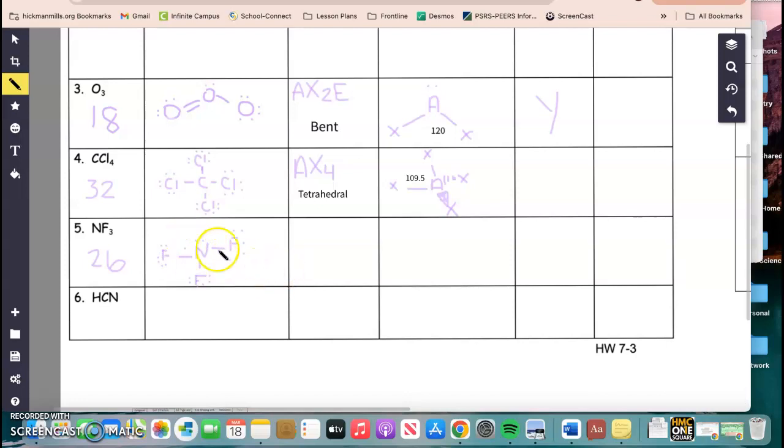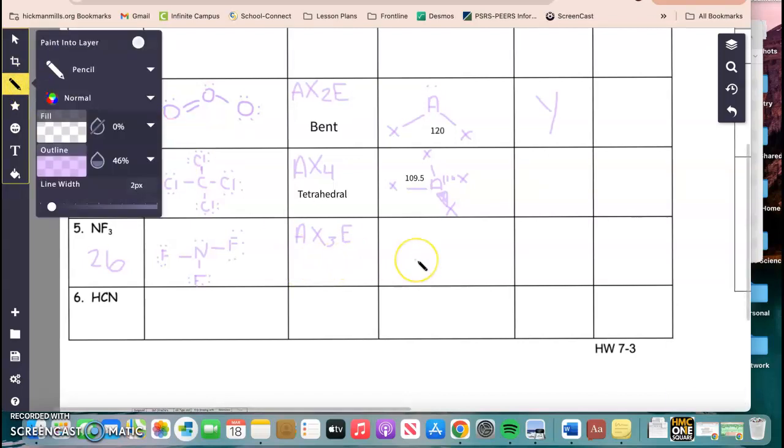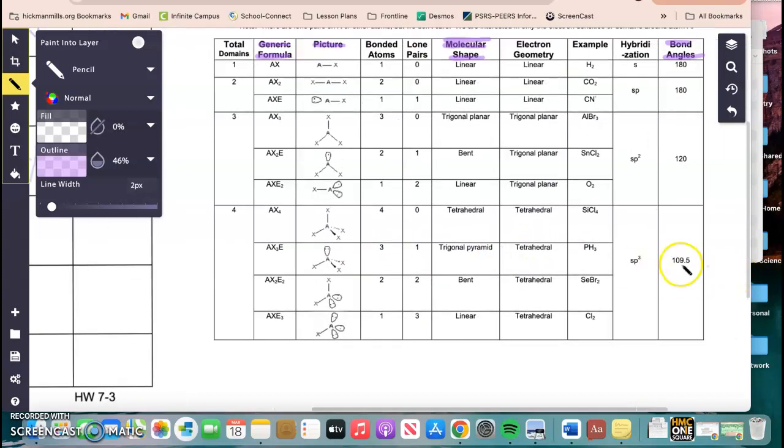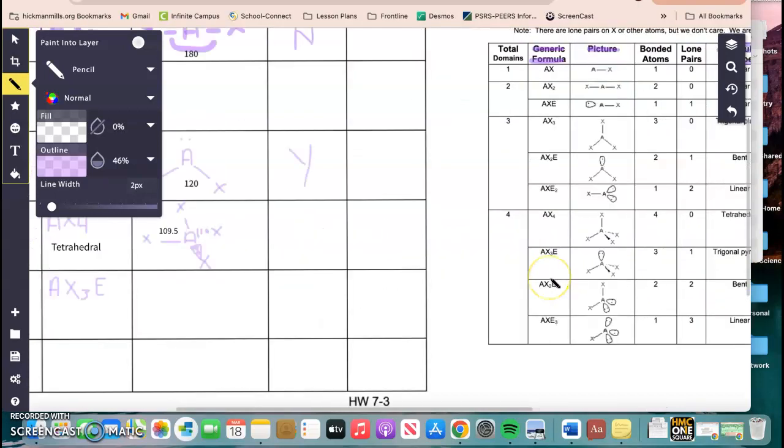Okay, so we have A, 3 X's, so AX3, and then we do have a lone pair here, so that would give us an E. So if we go look at our shape, so AX3E, this gives us trigonal pyramid with another bond angle of 109.5.